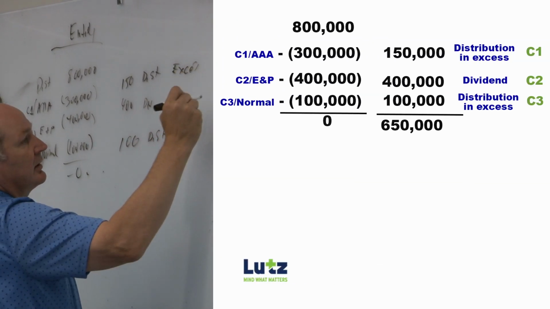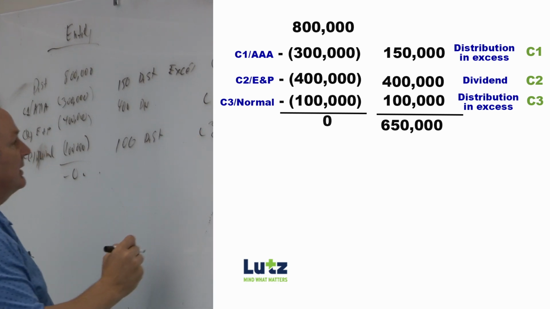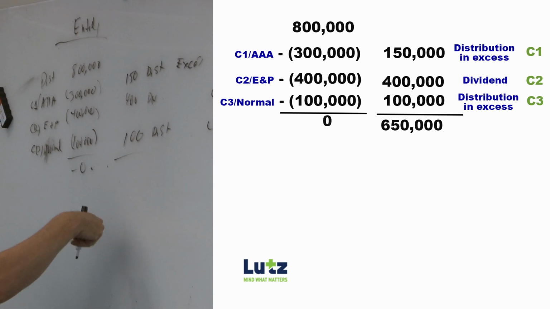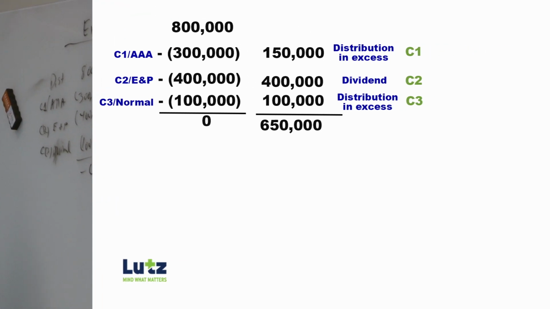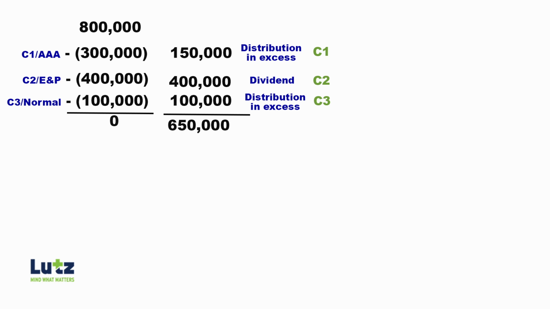So that's wrong. So I have this 100,000 distribution in excess, and this is C1, this is C2, this is C3, and I have total income that's being generated of 650,000. That's an error on my part. I'm going to stop because I screwed that up, and I want to make sure that we're all on the same page.